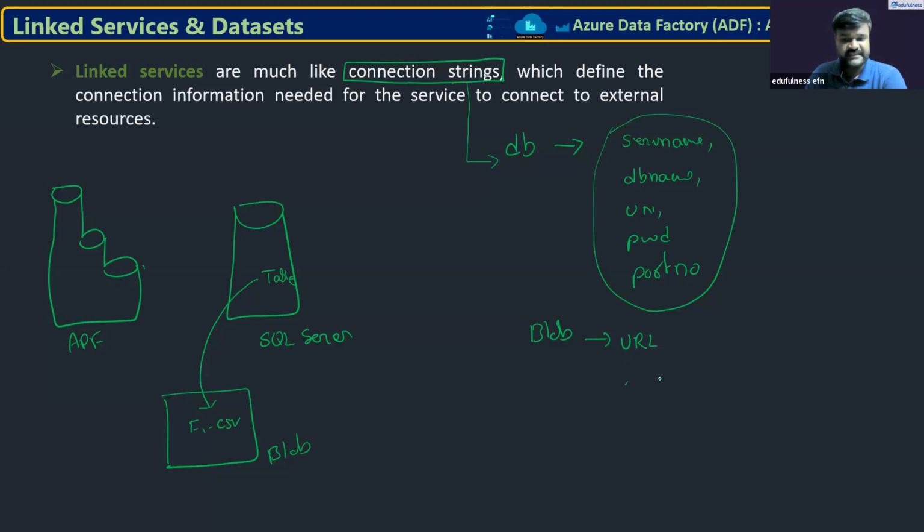So there is an access key. If you have these two details, then you can go inside this blob. That is also a connection string related to this storage. To this storage, these details are required. To this storage, these details are required. These are the connection strings.